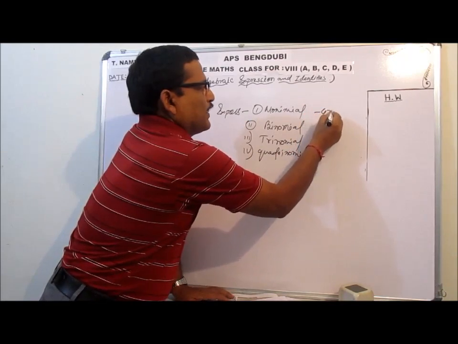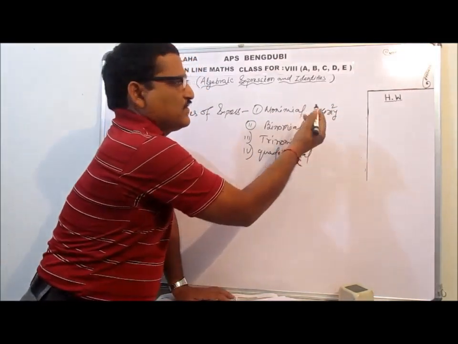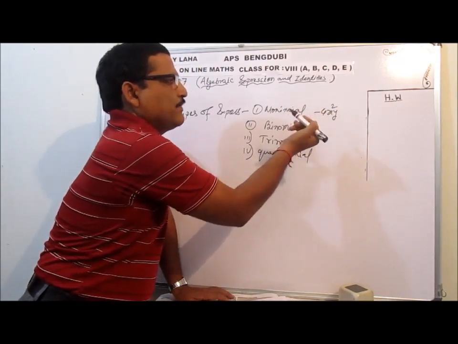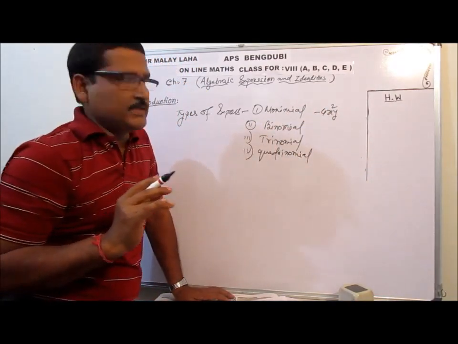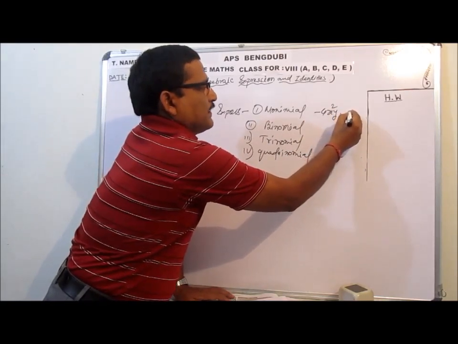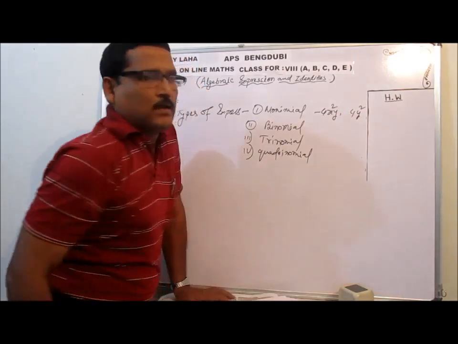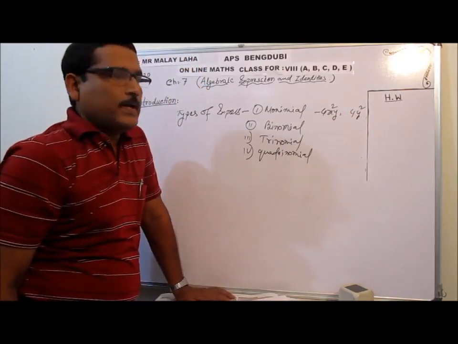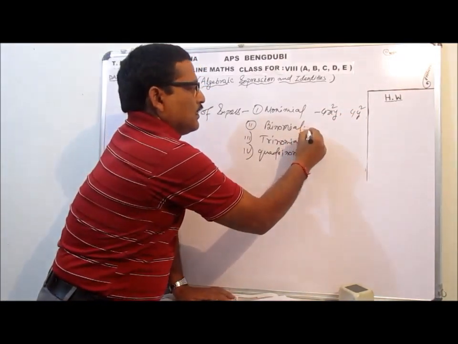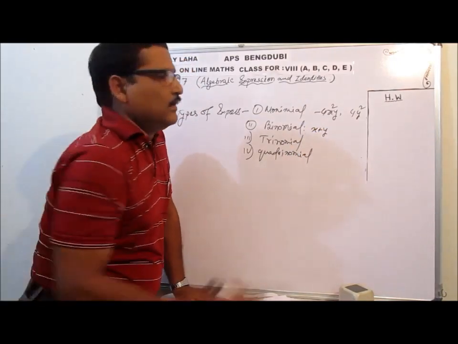minus 4x square y, single, finished. x, y is there, numerical factor, sign, literal factor, everything is there. This is monomial. So even if I say 4y cube, y square, monomial. Okay, but binomial, how can I write down? x plus y, binomial.